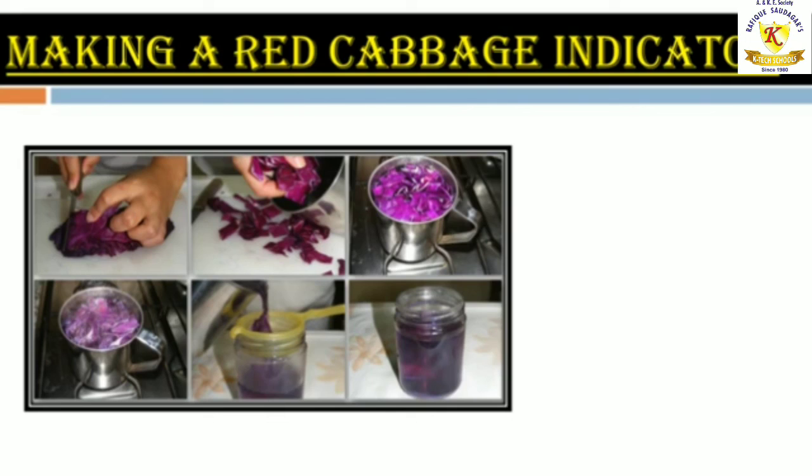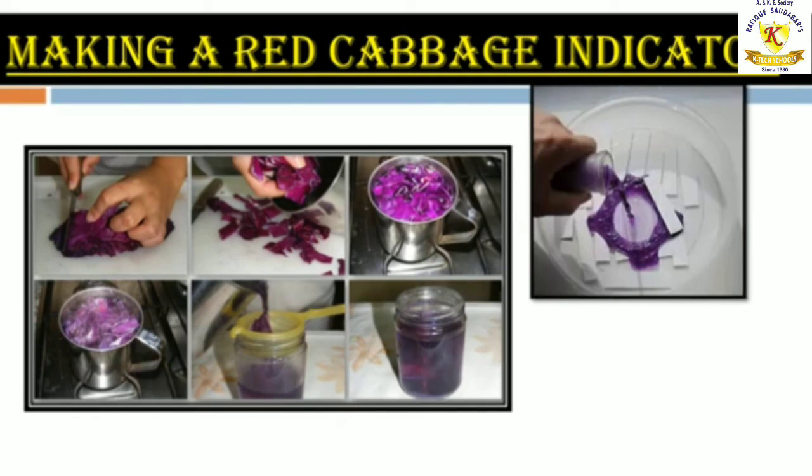After heating, let the solution of cabbage leaves cool down. Then we need to dip some filter papers in it and make them dry. Okay, keep it aside and let it dry.